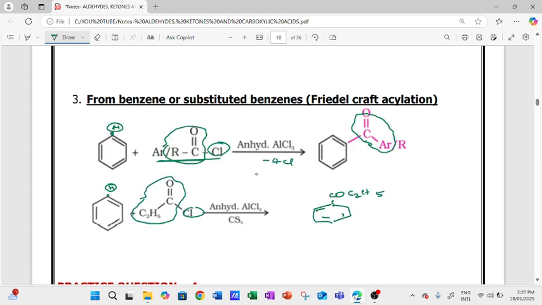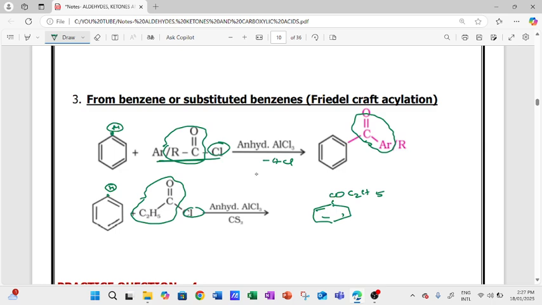Like that, any alkyl group can be used. If it is benzene with CH3COCl, then the CH3CO acts as an electrophile so that we get a COCH3 substituent on the benzene ring, which is called acetophenone.